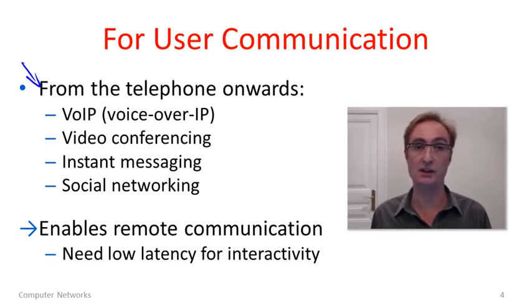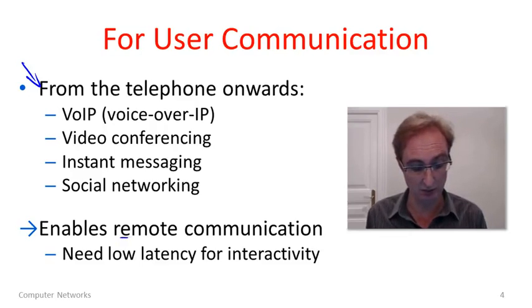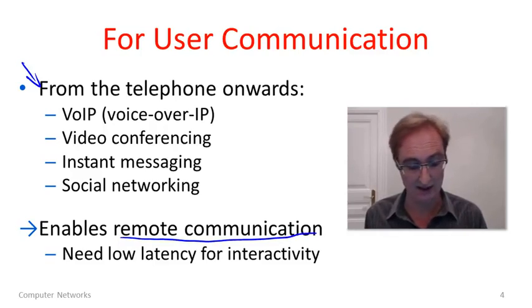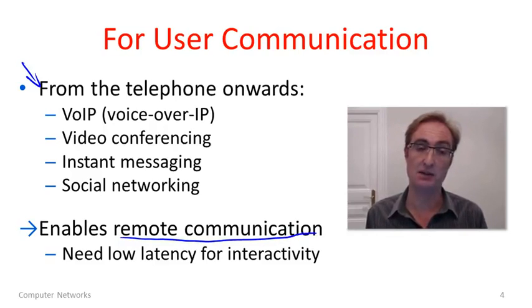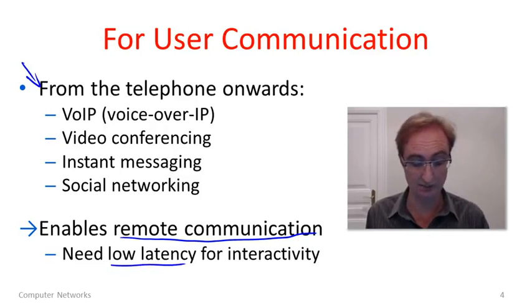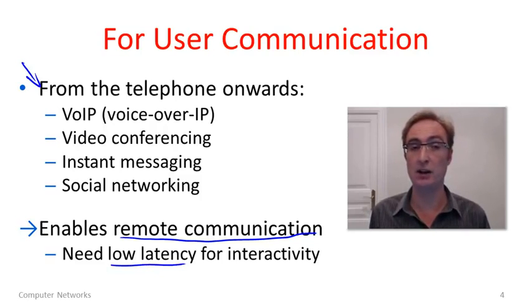The point here is that the computer network is enabling remote communication. And a particular aspect of the network we would need to think about to provide remote communication is low latency. If you really want interactive communication between people, you need a fairly low latency network for that communication to be effective.